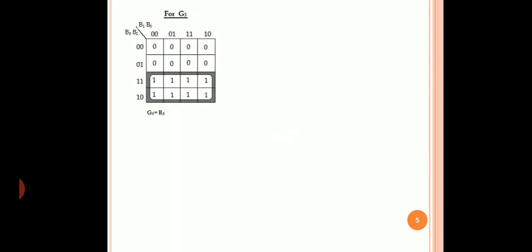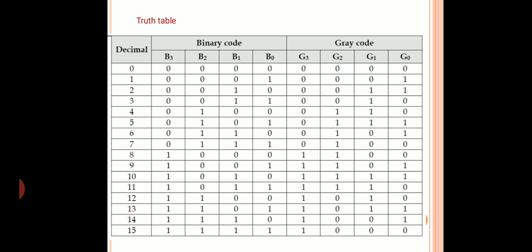Observe here the first K-map for G3. B3, B2, B1, B0 are the bits. According to the truth table shown in the previous diagram, while solving the K-map for G3, I will consider the column for G3. If you observe the column of G3, from decimal number 8 to 15 it is 1. So only in those cells we will enter 1.